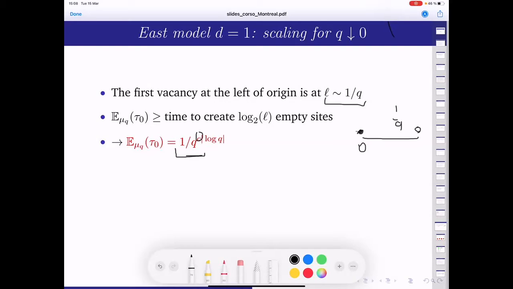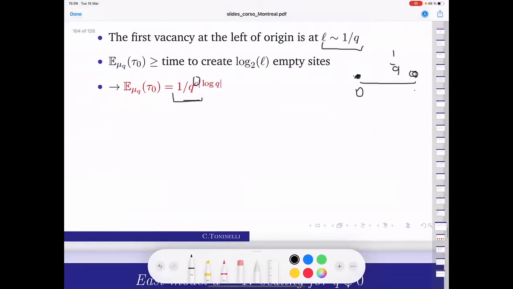One has to take into account the fact that there are several possible paths which I can use to cross this energy barrier of creating log base 2 of 1 over q empty sites. Okay, so this is more sophisticated. Finding a lower bound with the right constant requires some combinatorial argument that tells us how many different configurations I have with this number of empty sites that can be reached from just a single empty site at the origin.